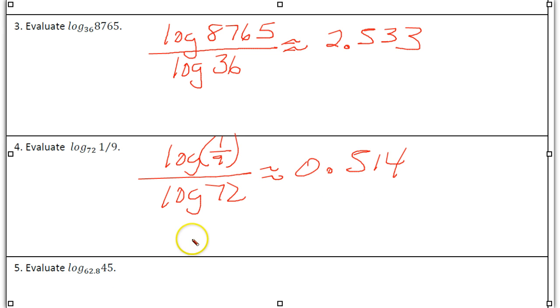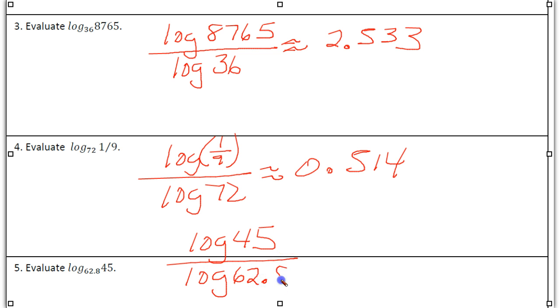And for number 5, this will be the log of 45 divided by the log of 62.8. That is approximately 0.919. So again, as long as you know the change of base formula, this is it. Now remember, you could have always substituted natural log of this divided by natural log of this. The answers come out the same.